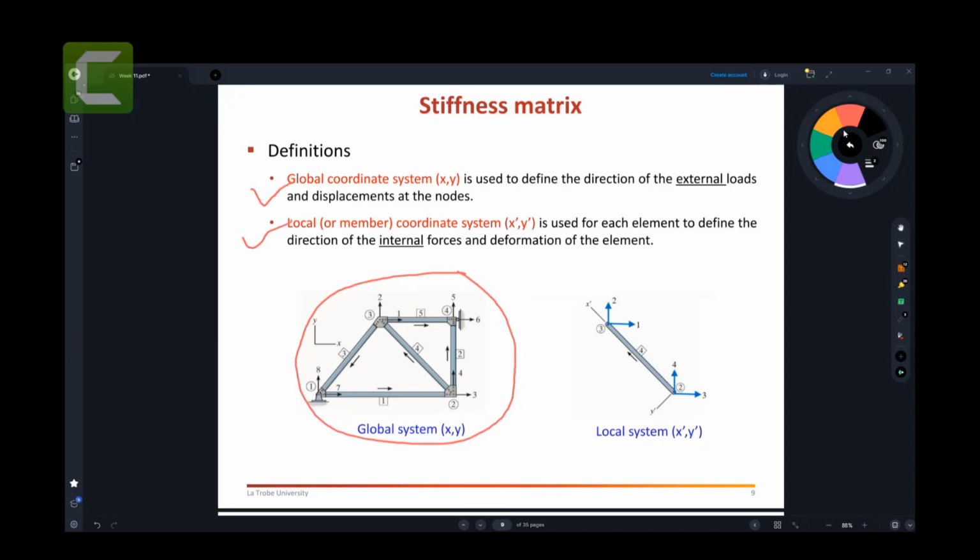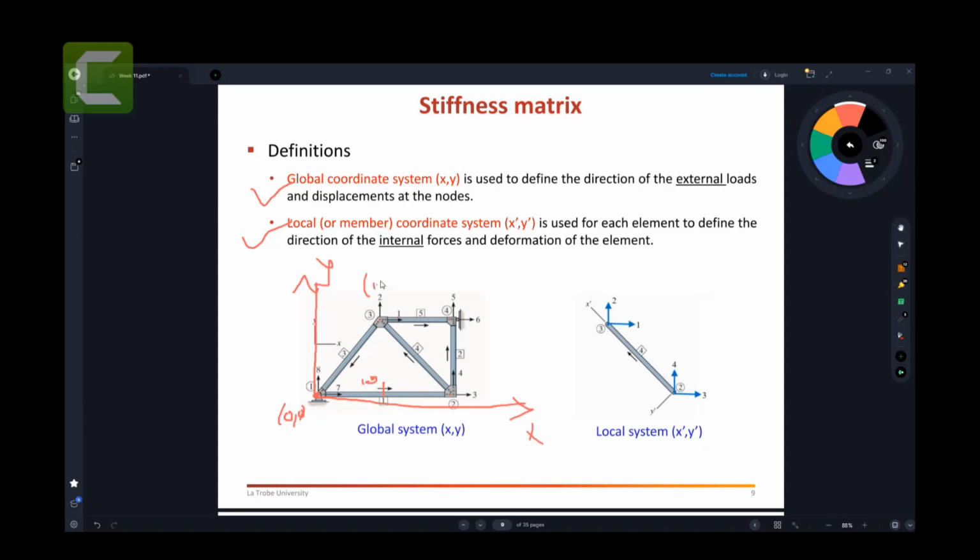The global system means that when you have axes, the coordinate system that you're going to put has one axis, like X and Y. You can represent anywhere, like let's say this is 0, 0. And from this 0, 0, you're going to measure all these points. For example, let's say this is 1.5 meters here.